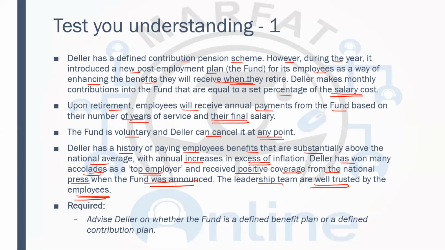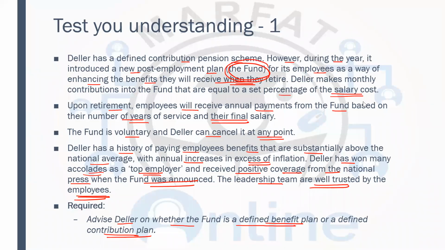So the requirement is: advise Deller on whether the fund is a defined benefit plan or a defined contribution plan. We are talking about the new pension plan they have introduced, which they are calling the fund. So according to you, is this a defined benefit or a defined contribution? All right.